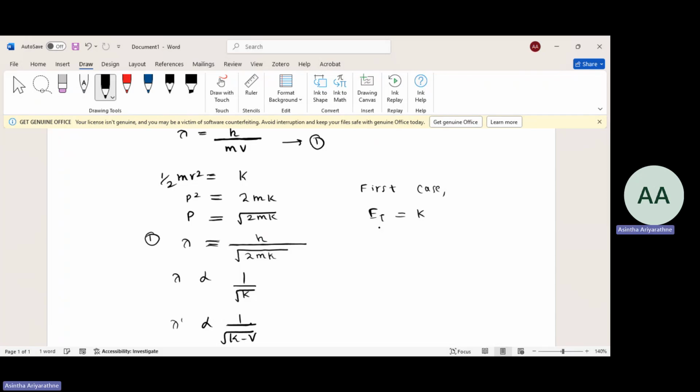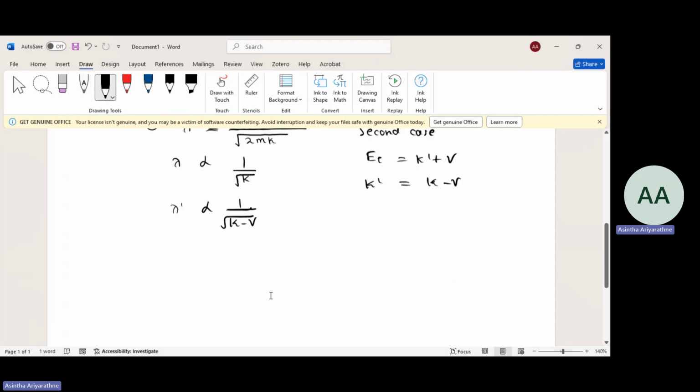And after entering the second region, the second case, E total is K dash plus V. So K dash is K minus V.